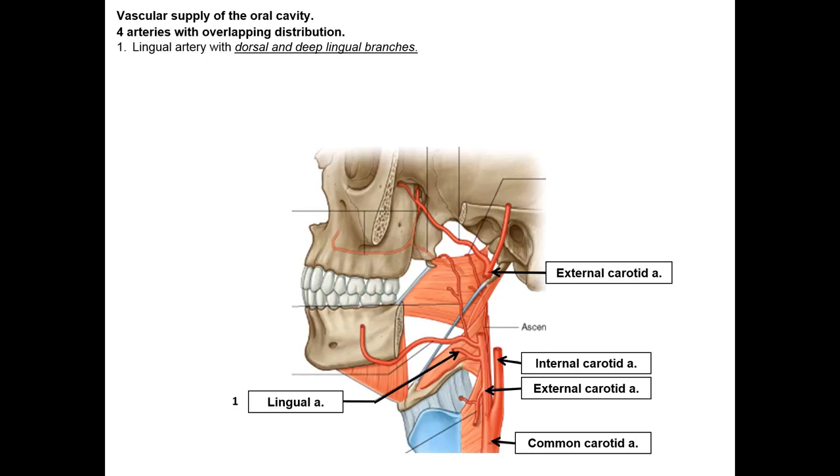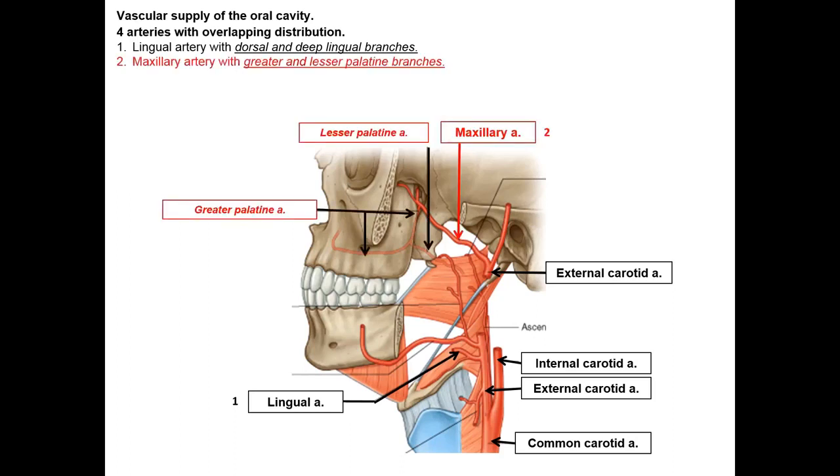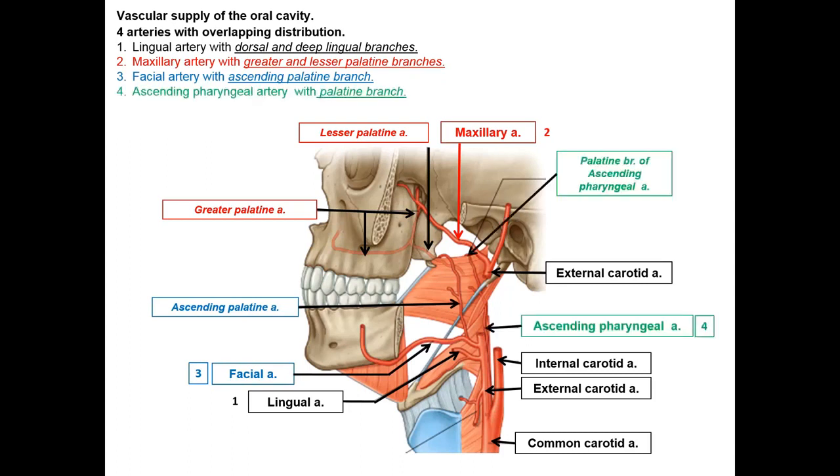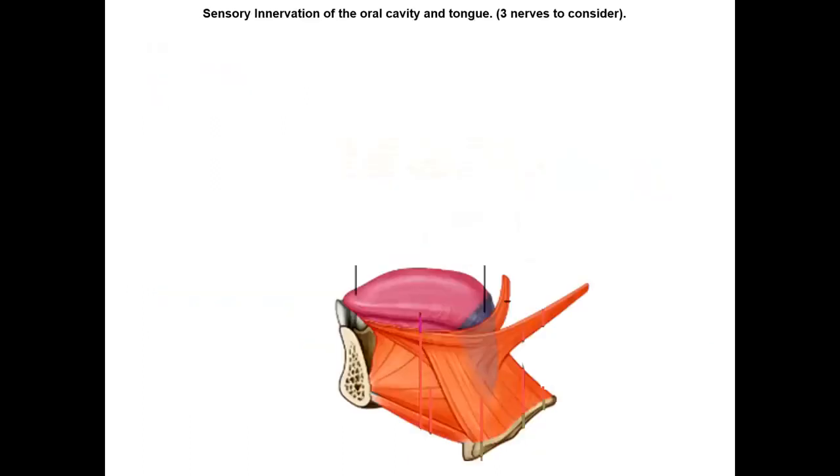The lingual artery has dorsal and deep lingual branches. The maxillary artery has greater and lesser palatine branches. The facial artery has an ascending palatine branch. And finally, the ascending pharyngeal artery has its own palatine branch. As you dissect these, you will find numerous small branches. I want you focused on the four main arteries here.